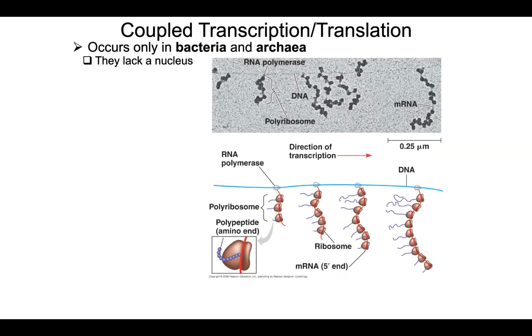Let's take a look at bacteria. What we just got finished talking about was translation as it occurs in eukaryotes, cells that have a nucleus.